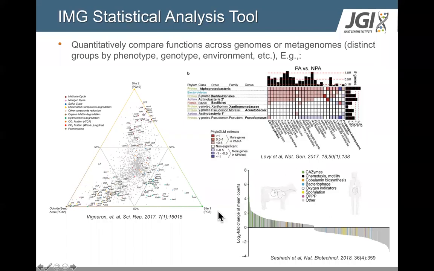And this example is another isolate-based comparison comparing hundreds of isolate genomes that originate from the rumen environment, which is a sort of specialized fermentation chamber for the breakdown of plant material in ruminant animals, and comparing that to the human GI tract.